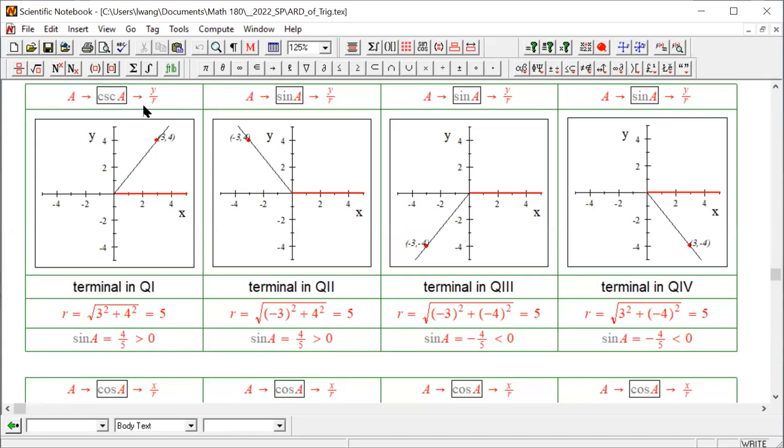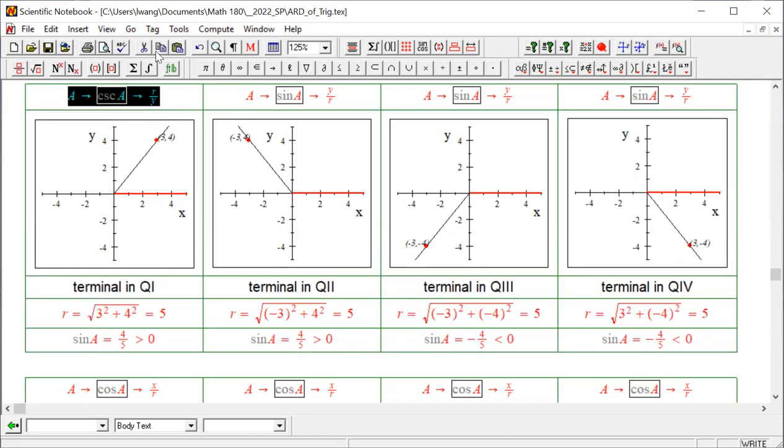It still takes the same kind of input, the angle measured from standard position, but the rule is r over y. You see that? So the rule has changed.